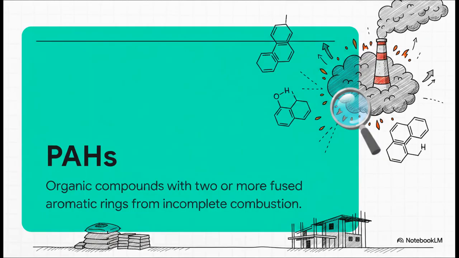So PAHs stands for polycyclic aromatic hydrocarbons. These form when organic material doesn't burn completely. Imagine the toxic blackened char on a badly burnt piece of food, but scaled up to a massive industrial level. They are organic compounds with 2 or more fused benzene rings. And tracking them basically tells us how efficiently or inefficiently a kiln is actually running.